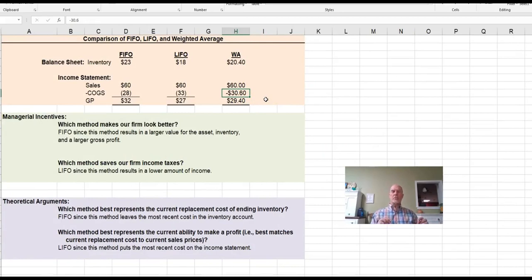So when you're looking at this on an exam, make sure you're answering the right question. I might ask you, what is the cost of the ending inventory using FIFO, first in, first out? Or what is the cost of goods sold using LIFO, last in, first out? Or what is the gross profit using the weighted average method? So make sure you know what the question is and then answer it using the proper method.